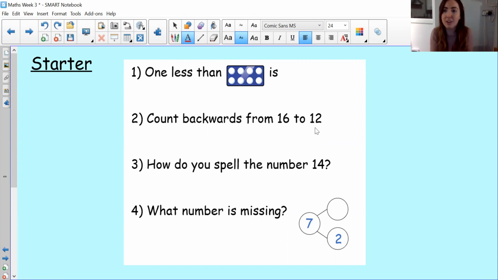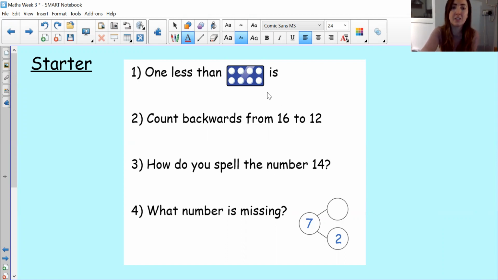You can say it out loud and write it down. Number 3, how do you spell the number? This number here. And number 4, what number is missing in this part whole model?